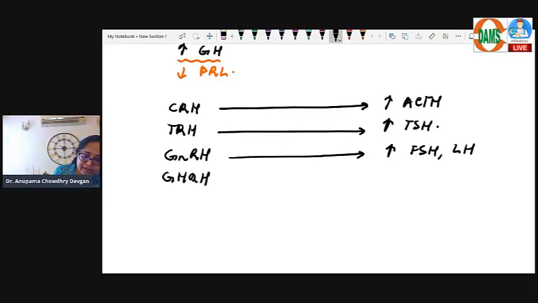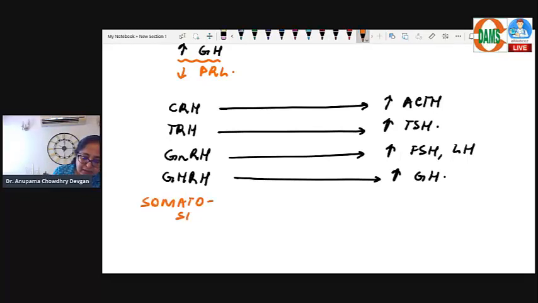Growth hormone releasing hormone will increase growth hormone secretion from the anterior pituitary. Somatostatin decreases, it inhibits the secretion of growth hormone from the anterior pituitary.